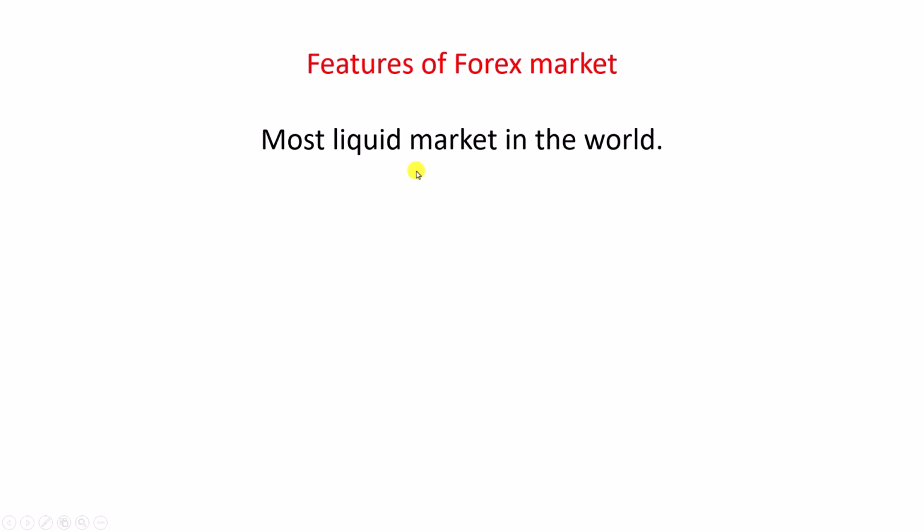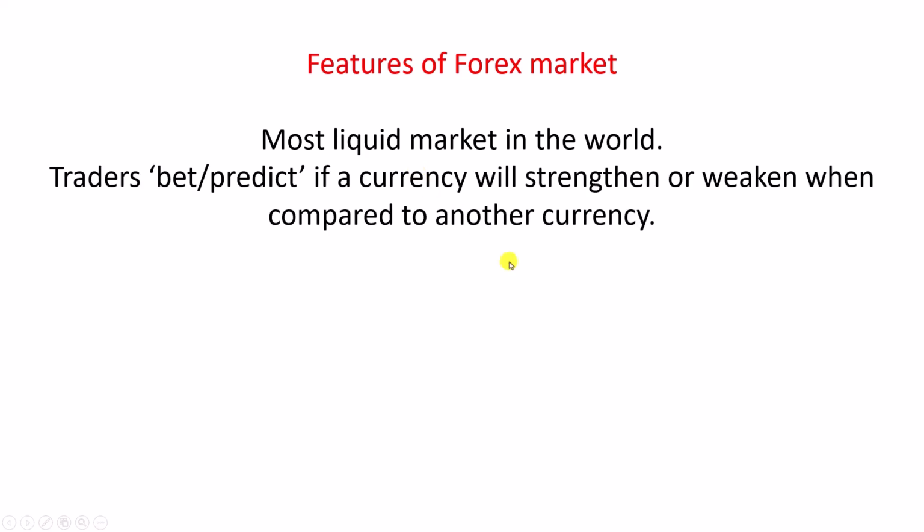All right? Yes. So Forex is the most liquid market in the world. Next is, in the Forex market, when we buy a currency pair or when we sell a currency pair, what we are actually doing is we are betting or we are predicting if a currency will strengthen or weaken when compared with another currency.